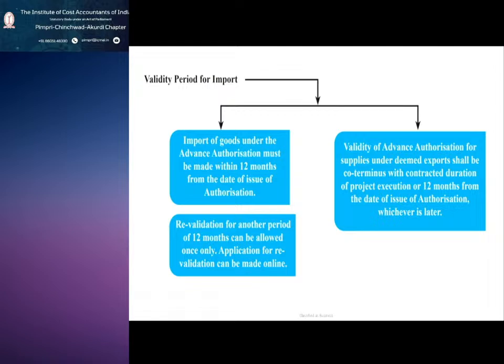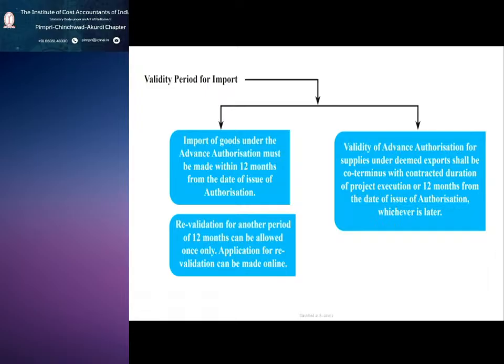Second, the revalidation for another period of 12 months can be allowed once only. So suppose you want to renew or extend the validity, it is allowed once and it will be for another period of 12 months. Application can be made online, so we can do it online as well.